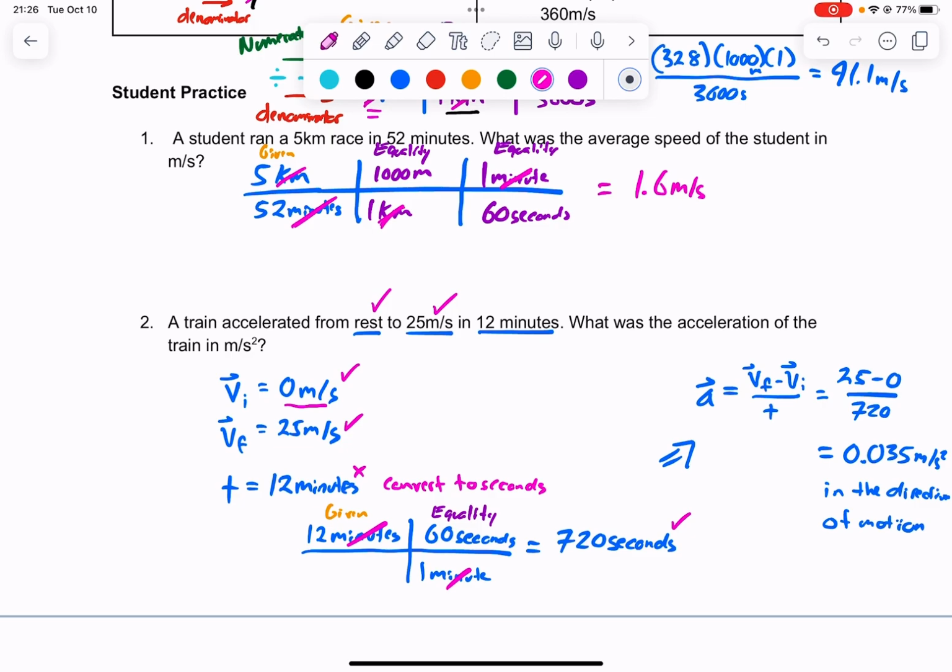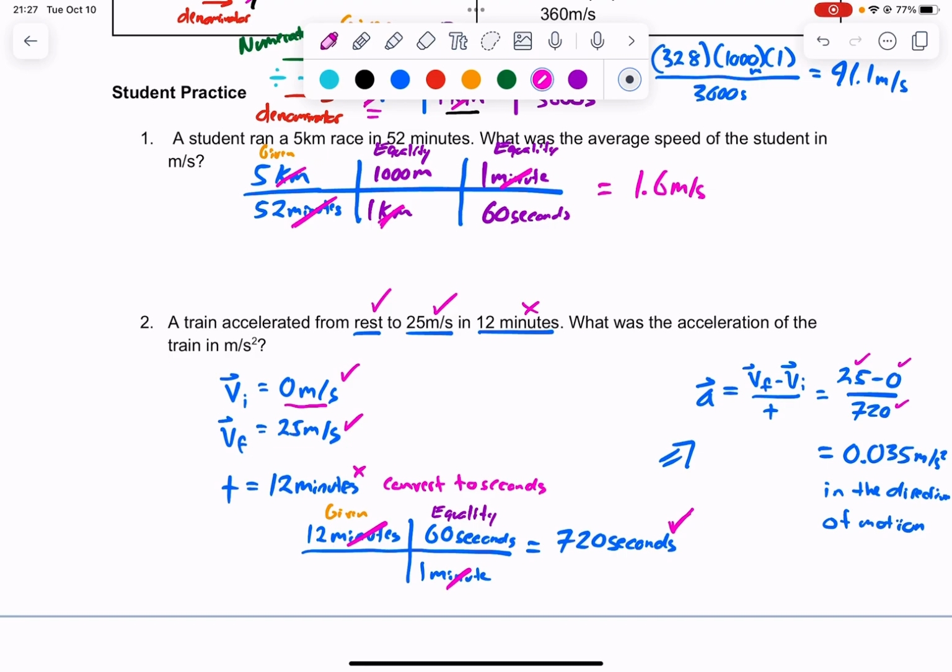This one here is the wrong unit for time, so you have to convert minutes to seconds. 12 minutes is equal to 12 times 60 seconds, which is 720 seconds. Now, once you have the correct SI unit here, you then plug in all your values, which are also in the correct SI unit, and you'll wind up getting the correct value in terms of the units when you do the division here, and you get 0.035 meters per second squared.